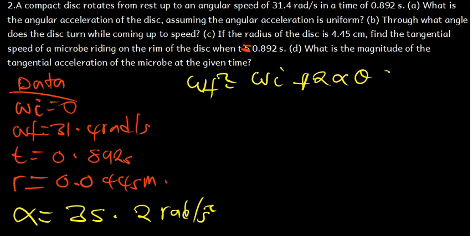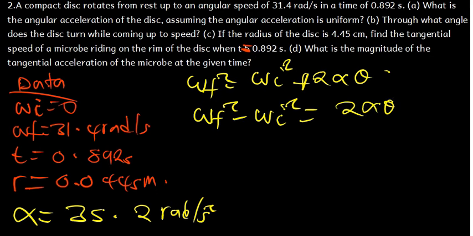Now we are going to shift this. The initial term is going to be 0, so the final squared has to be equal to 2 alpha theta. We divide both sides by 2 alpha.